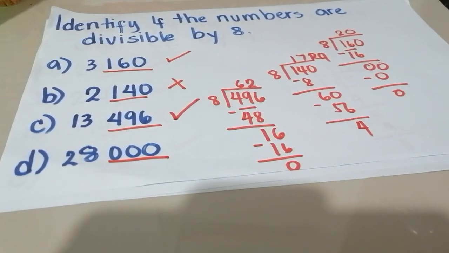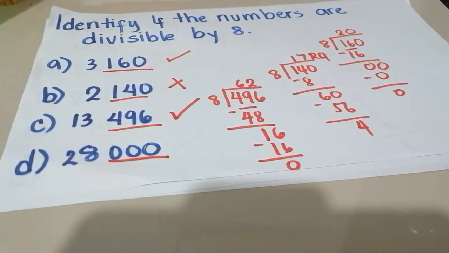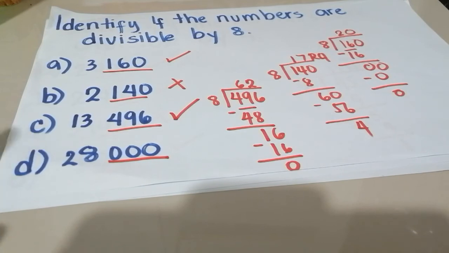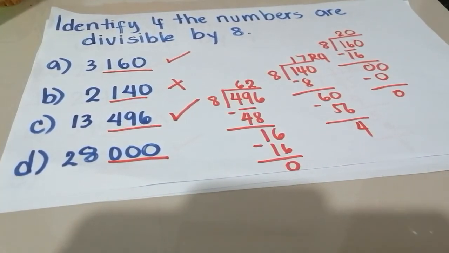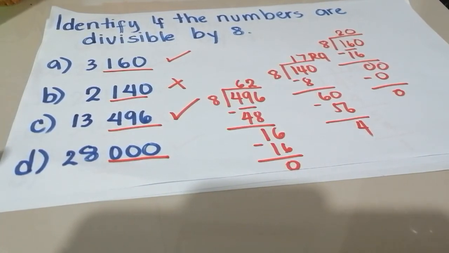So if a number ends with 3 zeros, it is always divisible by 8, because 0 divided by 8 gives you 0, which is no remainder, and it's a whole number. And because of that, 28,000 is divisible by 8.